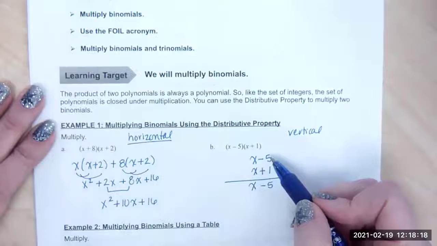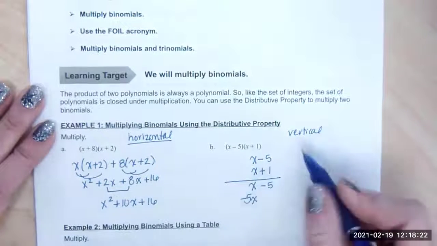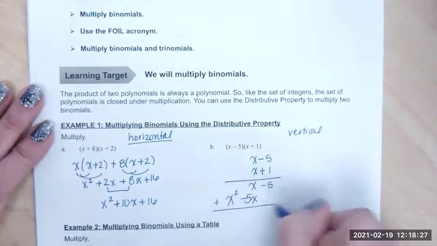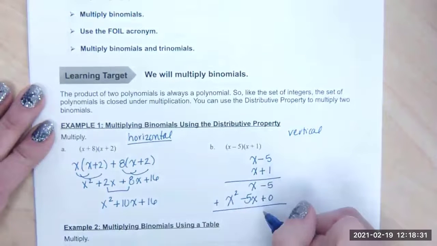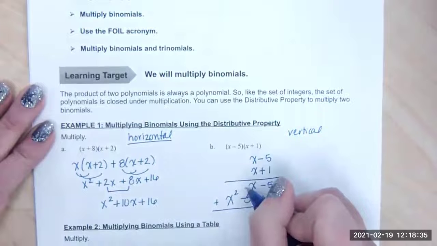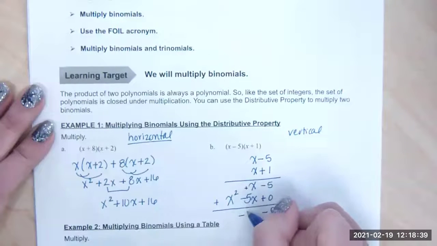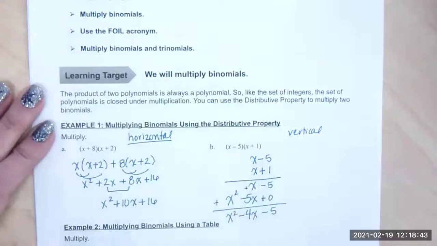So negative 5 times x is negative 5x, and x times x is x squared. I'm going to go ahead and add those up. If this is helpful, you can always fill in those blanks. So I have negative 5, and then think of this as a positive x. So x plus negative 5x, negative 4x, and then x squared.